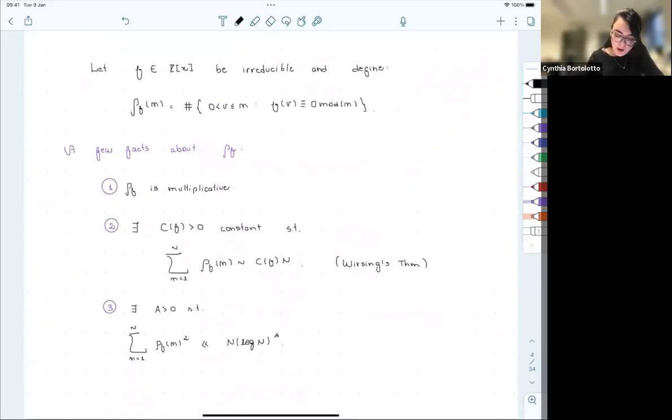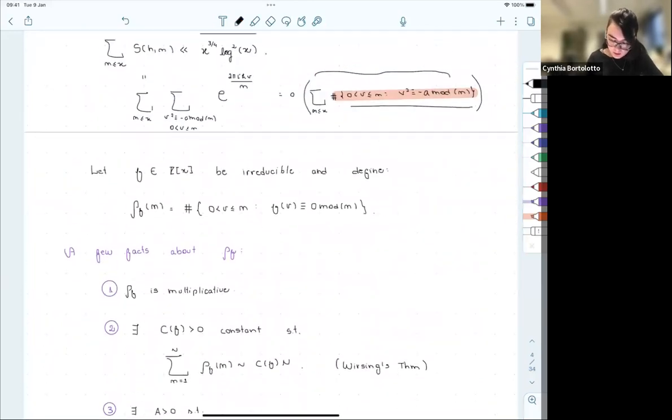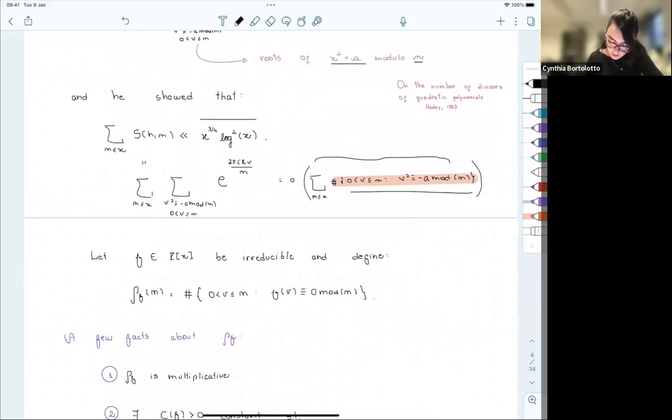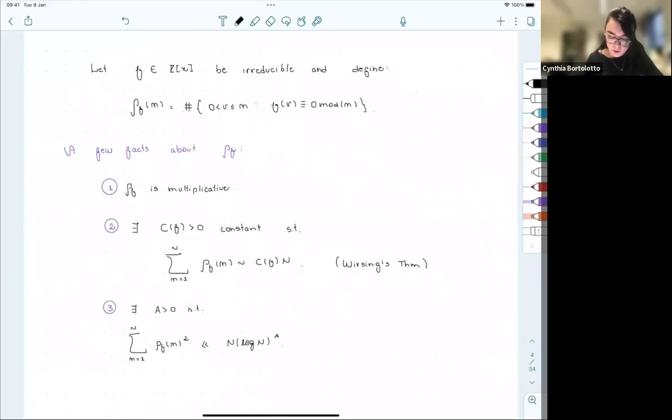So for f an irreducible polynomial in Z, now, so we were fixing x squared plus a, but now let's just take an irreducible polynomial. And we define this function, rho_f of n, that counts how many roots of this polynomial mod n we have. And one can easily see that this function is multiplicative.